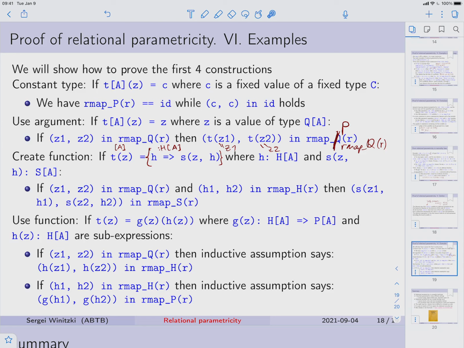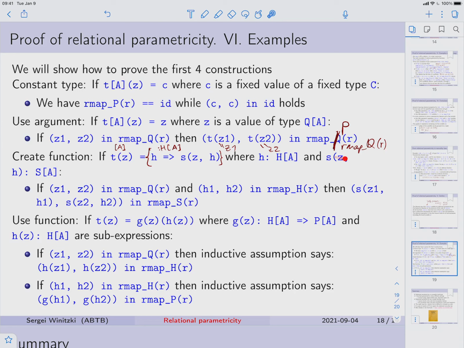And what we need to prove is that when there are two values z1 and z2, and h1 and h2 are these two arguments in a relation lifted to h, then s of z1, h1 and s of z2, h2 are in this relation. So we need to prove that. But this is exactly what we have for the inductive assumption for S. Now, S of Z H is a sub-expression which, by assumption, satisfies the law.